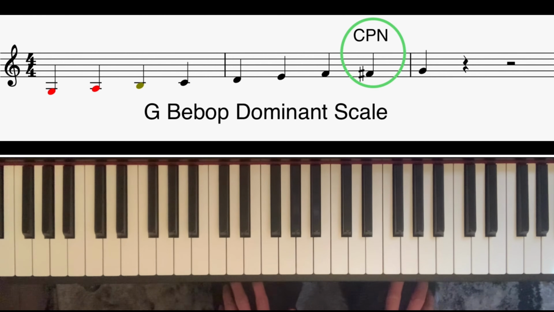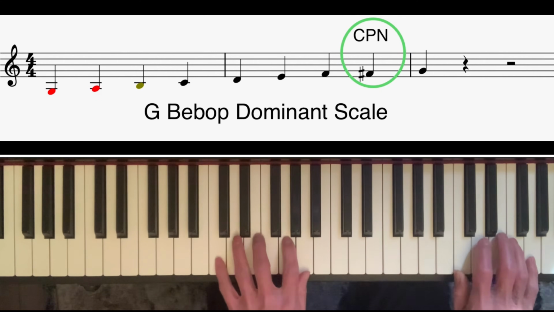So why are these scales useful? Well, if you start your improvised line on a downbeat, and you start the line on a chord note, and if you're playing in either 8th notes or 16th notes, you're always going to land on another chord note on every downbeat, which makes it flow along very smoothly.